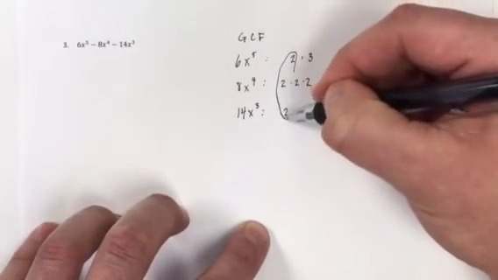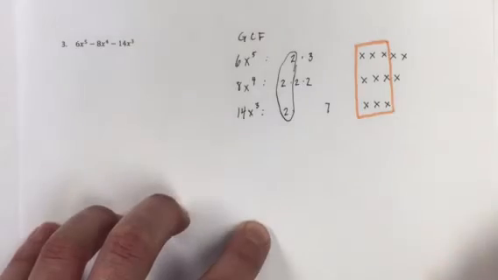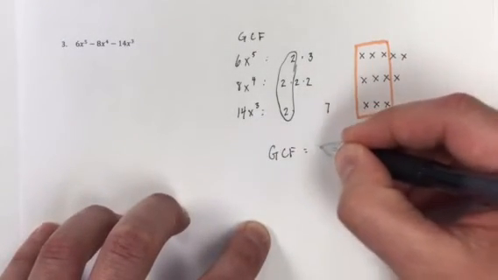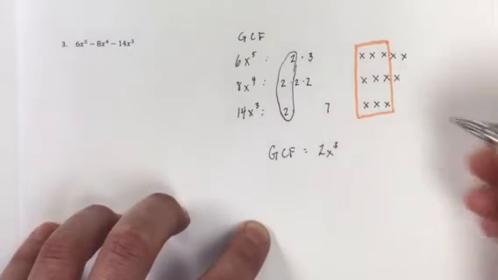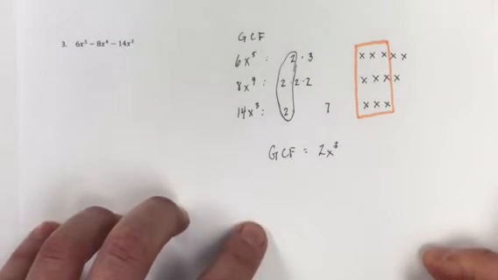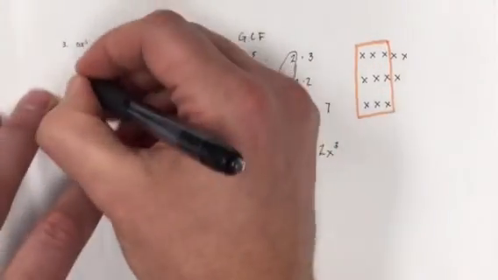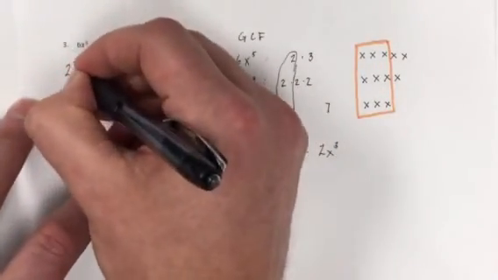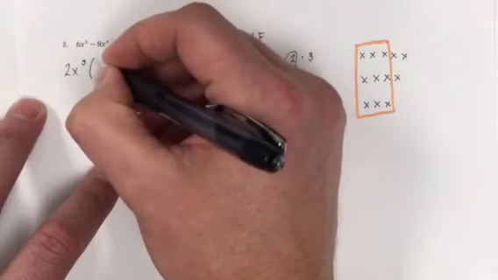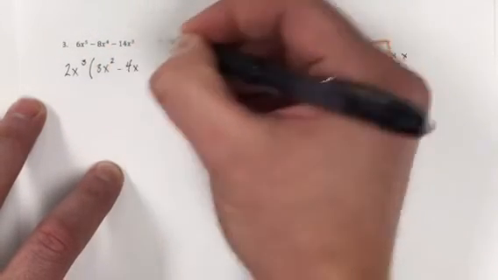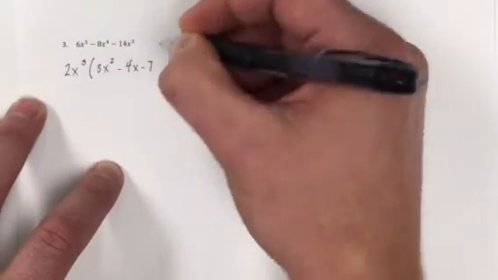So we circle the 2's, we circle the 3's, so my GCF is going to equal 2x cubed. What's left over comes out in this trinomial, so it's 2x cubed times the quantity 3x squared minus 4x minus 7.